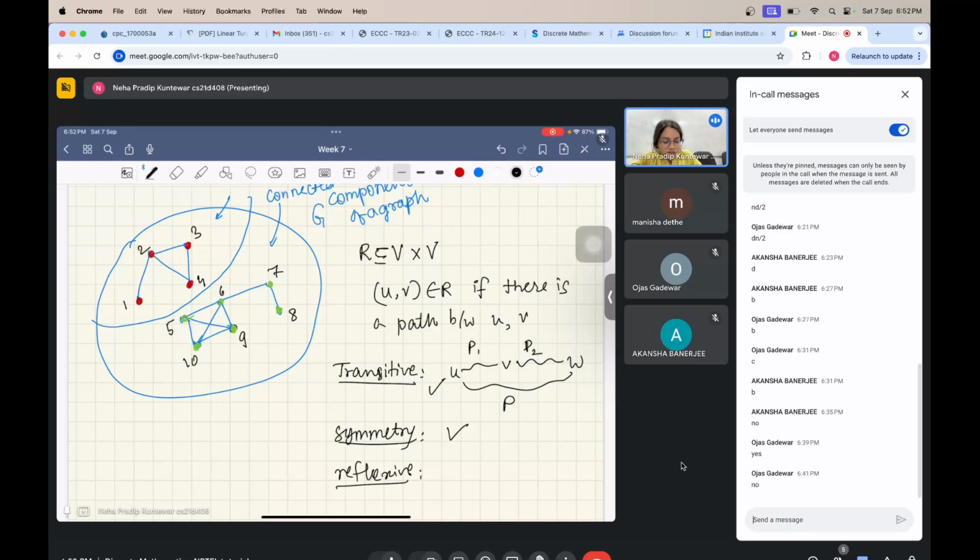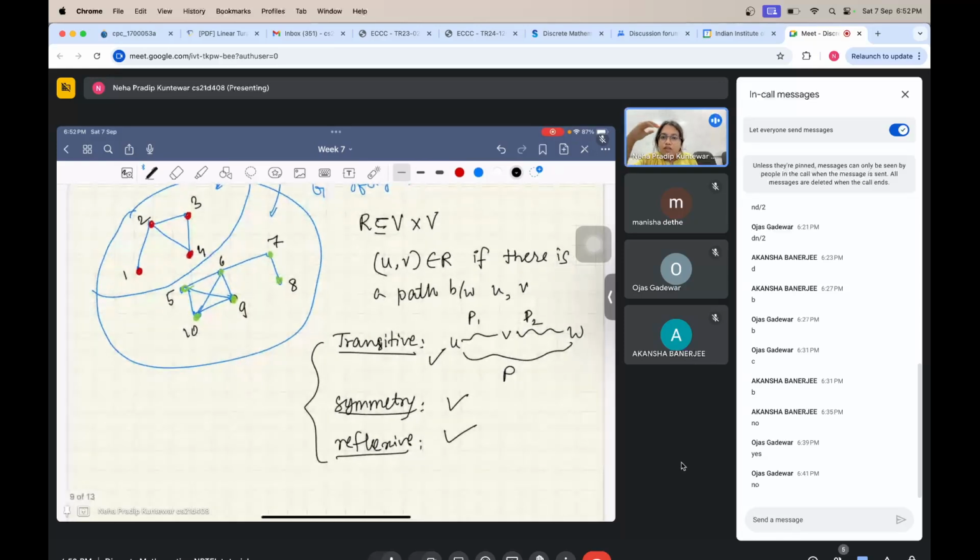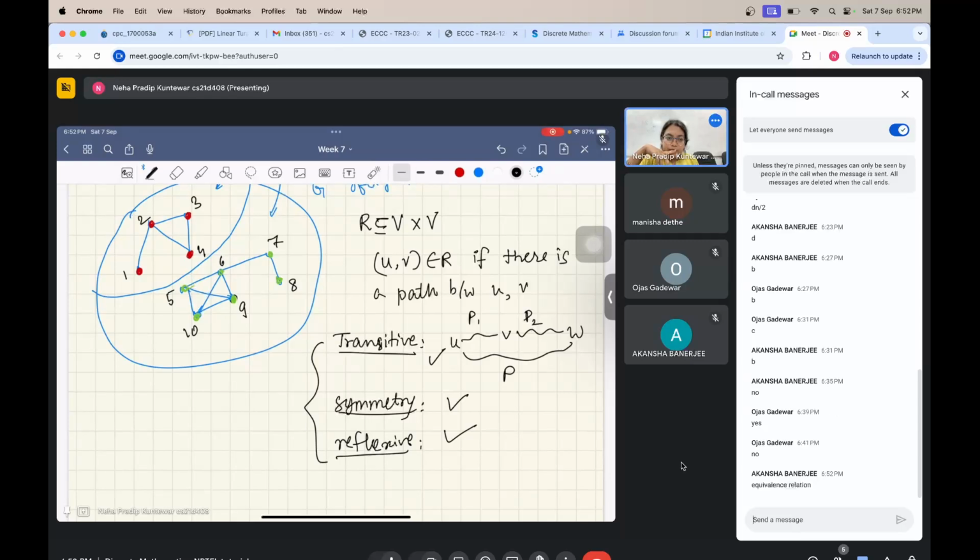If you start at 1, you can always stay at 1 by not taking any edge. So it is reflexive. What is the name for a relation where these three properties hold? Right, Akansha says this is an equivalence relation.